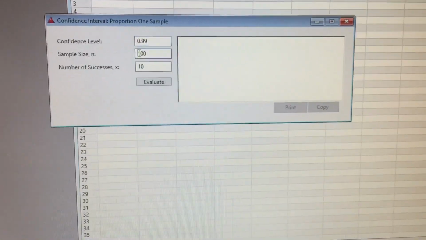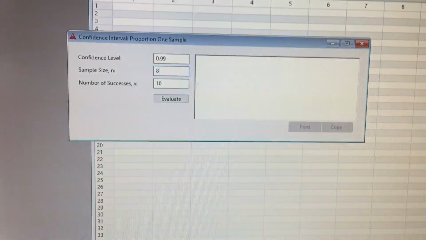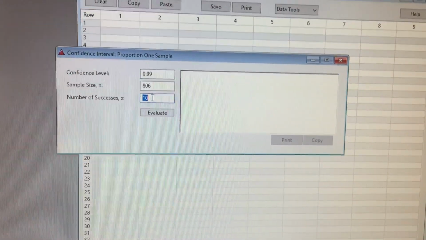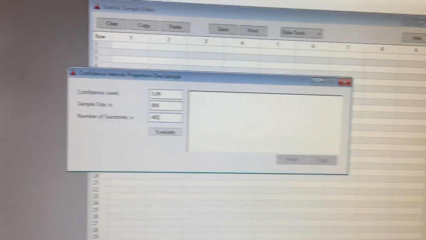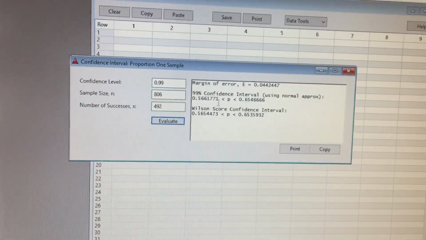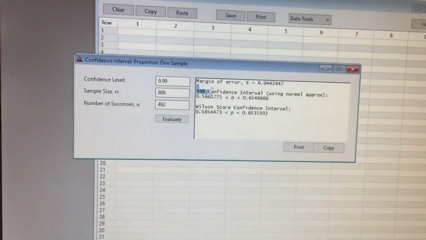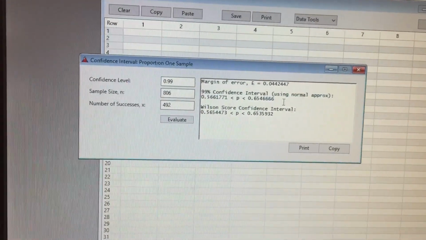And then our sample size, which is our n, and they tell you what n is, that's 806 that responded. The number of successes, which is your x, that was the 492. You'll type that in that particular box, and then click Evaluate. Now here they give you the margin of error, but the one in the middle is the one that you want as your answer.